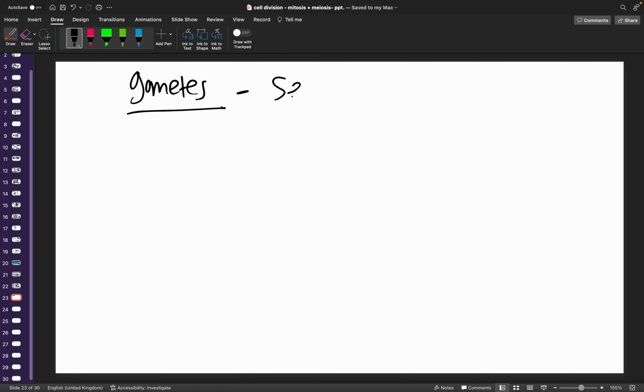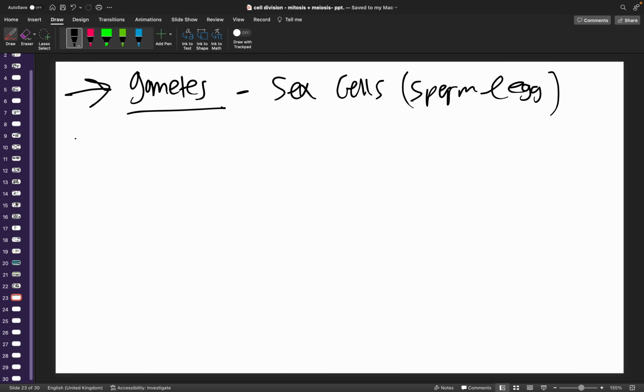Gametes is basically a fancy term for sex cells, such as sperm and egg cells. Sperm, remember, is from the man, and egg is from the woman. Okay, that's the fundamental you need to know. Meiosis produces gametes, which are also called sex cells.